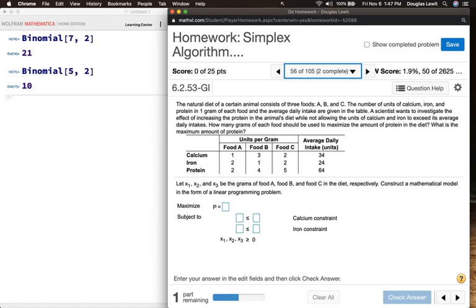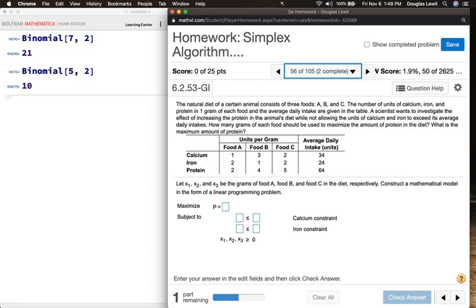A scientist wants to investigate the effect of increasing the protein in the animal's diet while not allowing the units of calcium and iron to exceed its average daily intakes. How many grams of each food should be used to maximize the amount of protein in the diet? What is the maximum amount of protein?